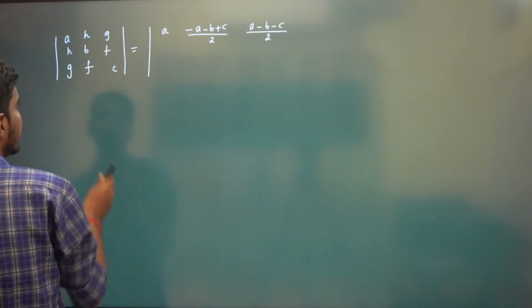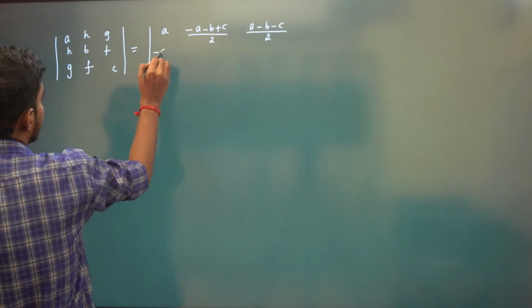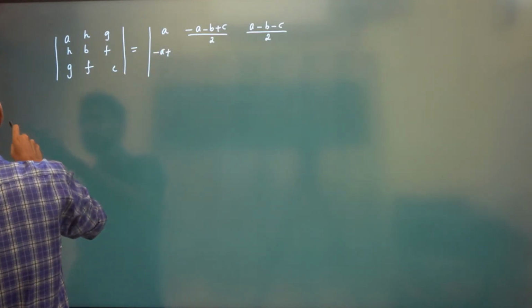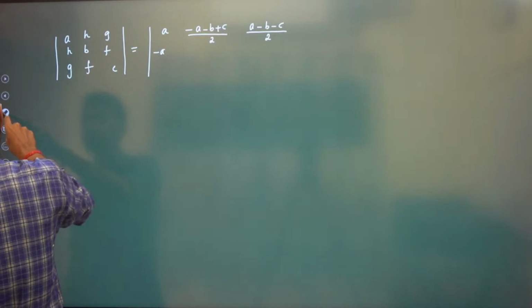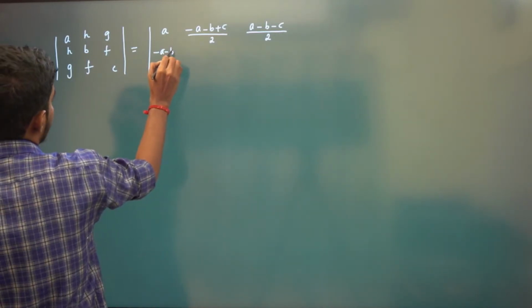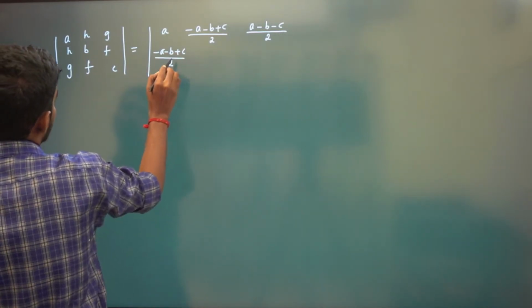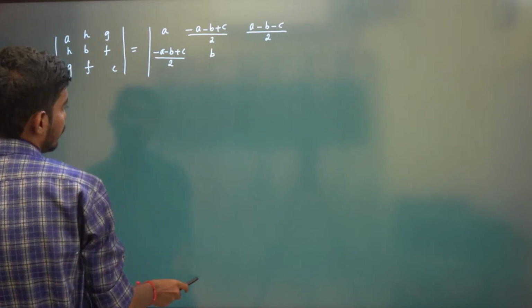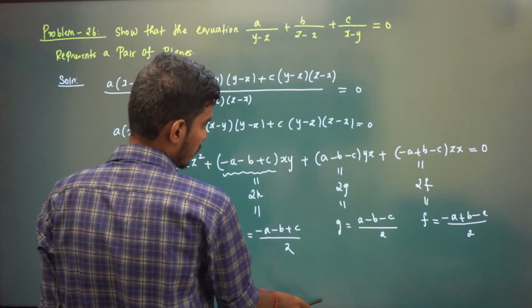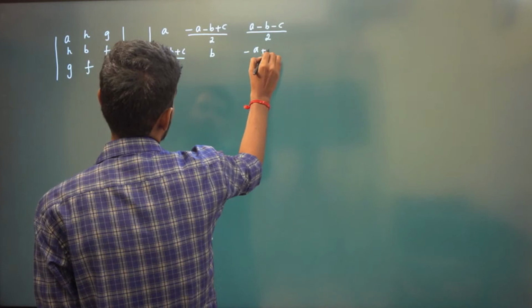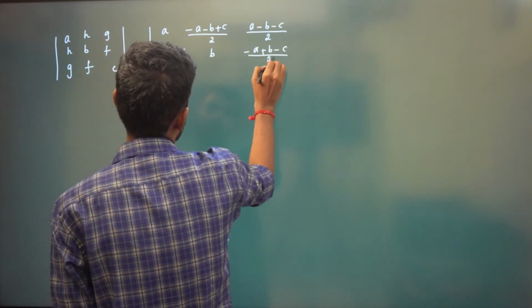And what is h? h is (-a - b + c)/2. b is b. f is (-a + b - c)/2.